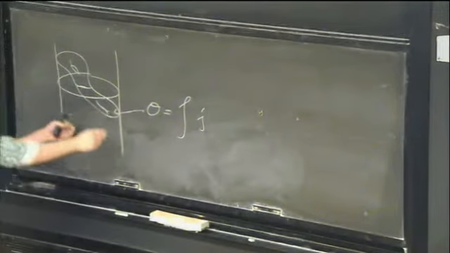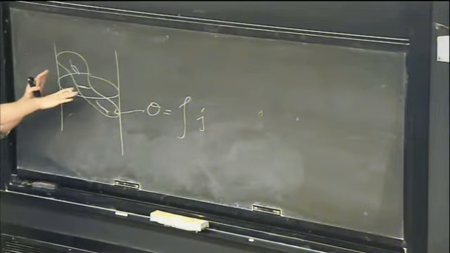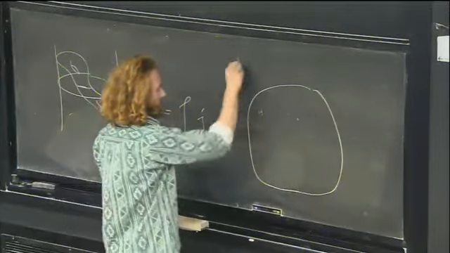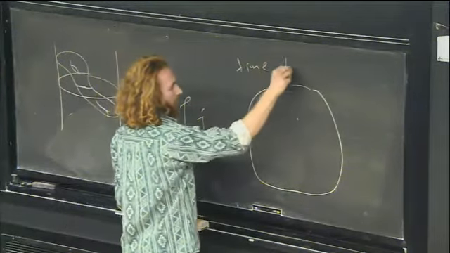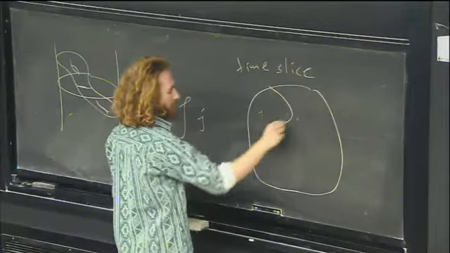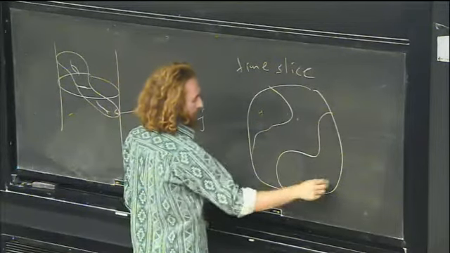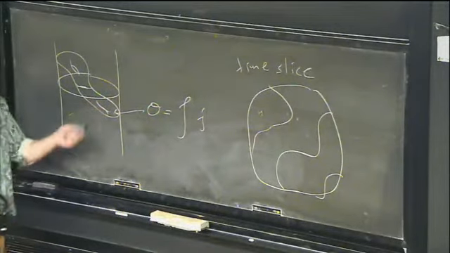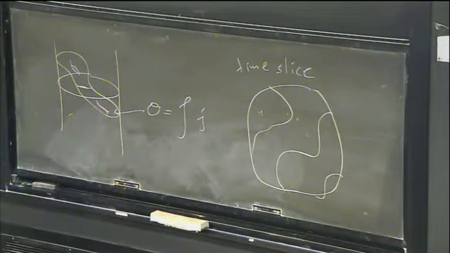Then in a time slice, it will look like I have domain walls. That will be the place where my integration cycle intersects the spatial slice. OK?